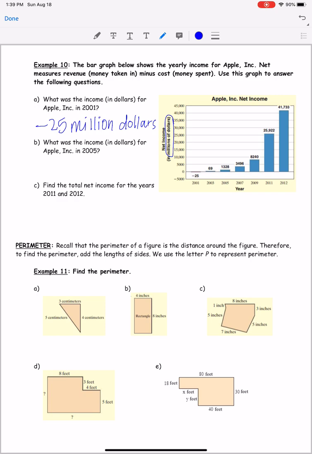Okay, what was the total income for Apple in 2005? It shows right here, 1328. So it was $1,328 million.